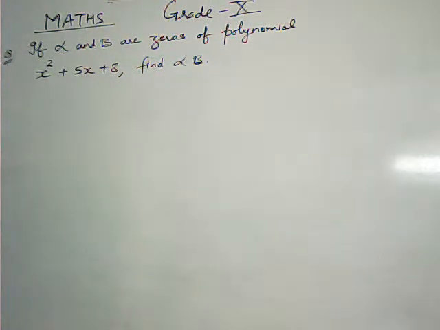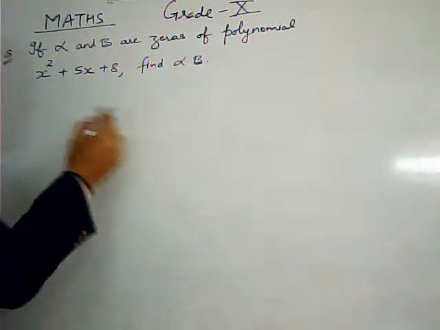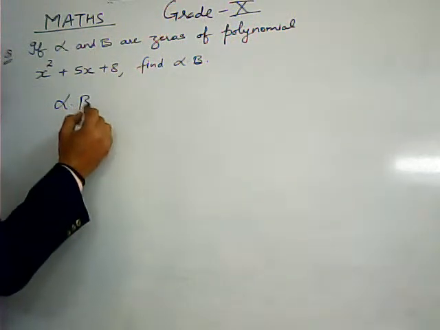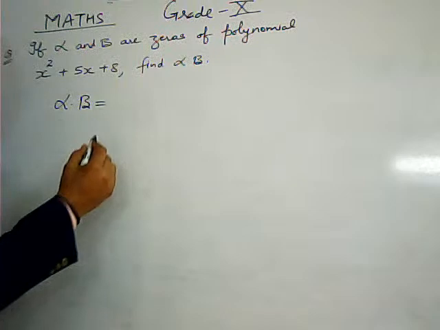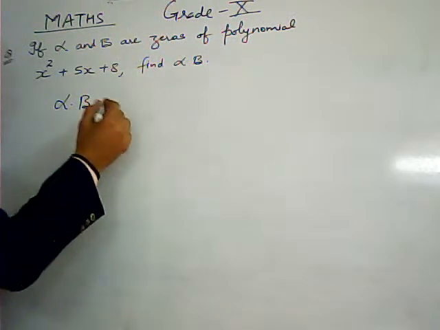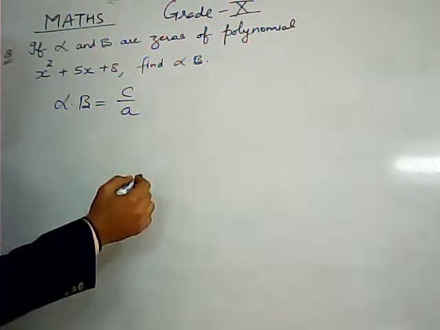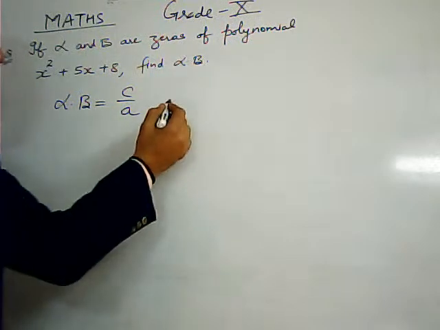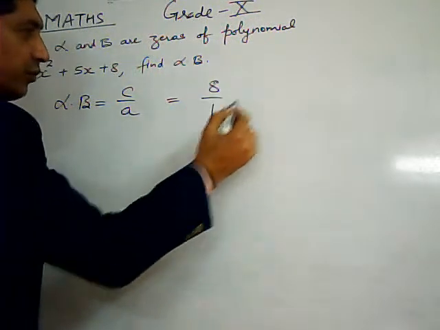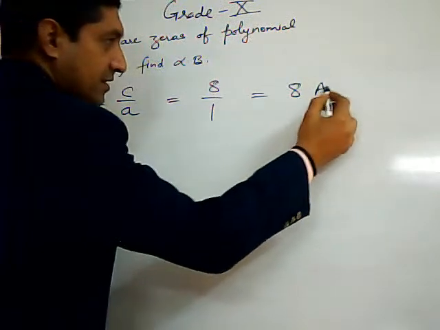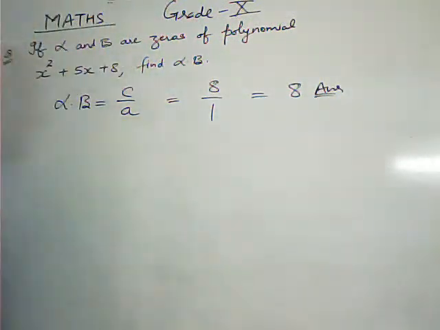So we know the relation that alpha into beta, the product of roots, is equal to c upon a. In this case we have c is 8 upon 1, so 8 is the answer.